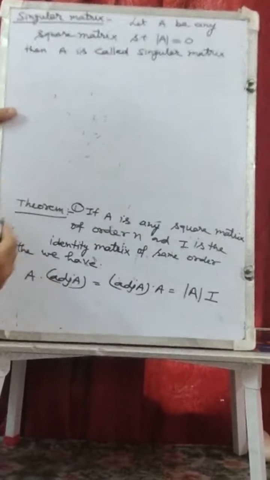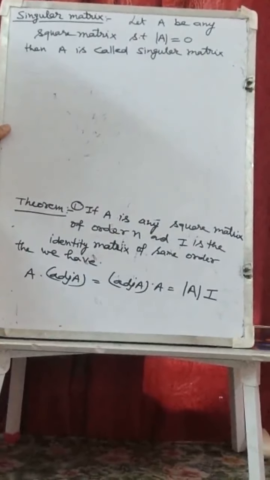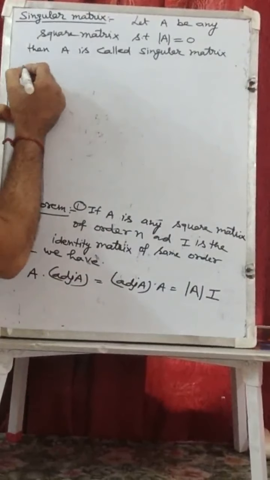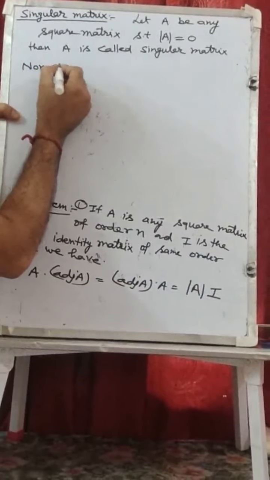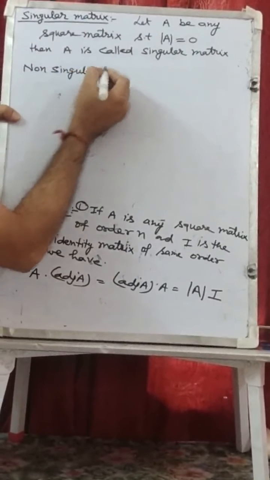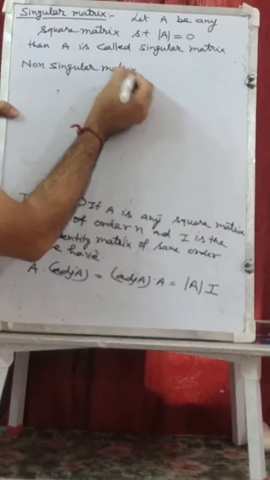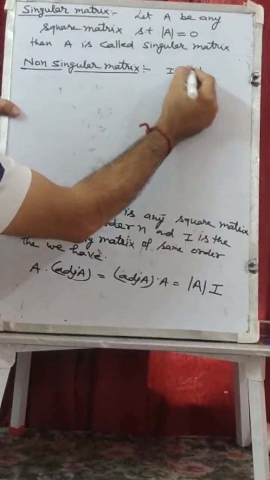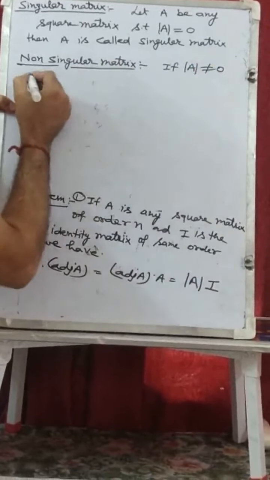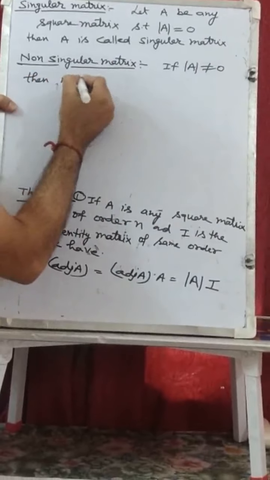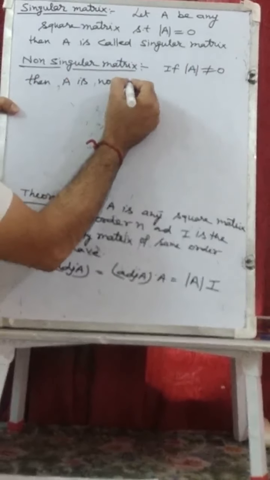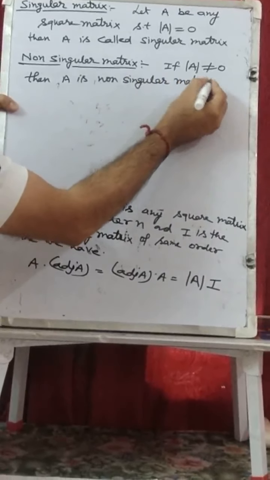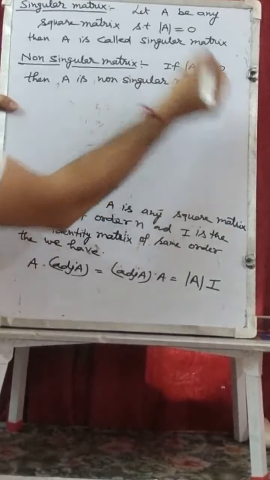Means such matrices whose determinant is 0, those are known as singular matrix. Now, non-singular matrix. If determinant of A is not equal to 0, then A is non-singular matrix.